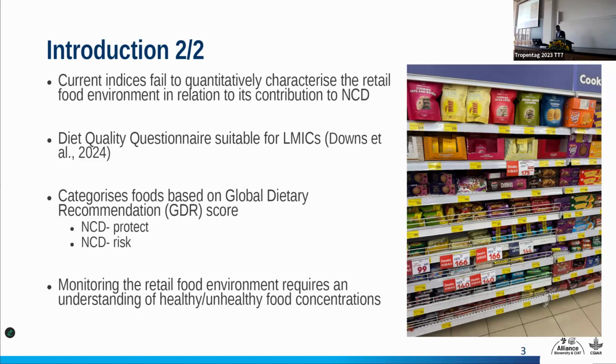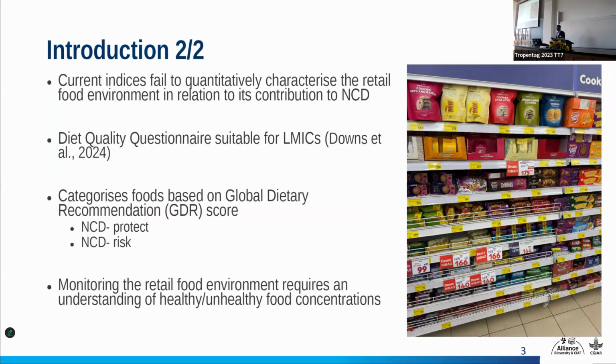Mostly, like you have pointed out, people have used NOVA, the NOVA classification, which classifies food based on the processing level. But you cannot clearly cut which processing level is healthy or unhealthy. It is a debate. However, for NCD Risk and NCD Protect, it has been scientifically established which foods promote NCD risk and which foods protect against it.